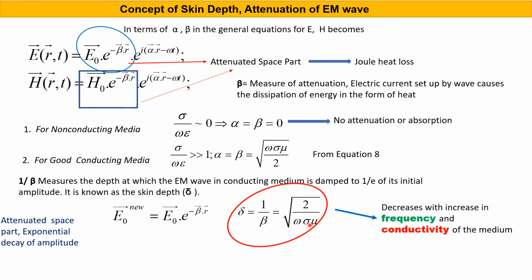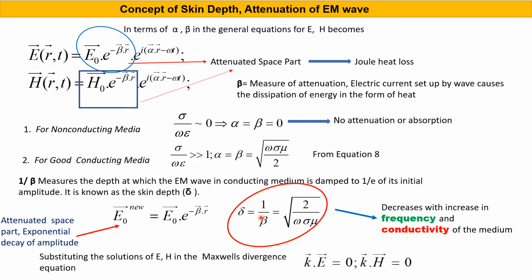If the conductivity of the medium also increases, the skin depth will decrease. So in a more conducting medium, there will be more attenuation, and the skin depth will be very small.